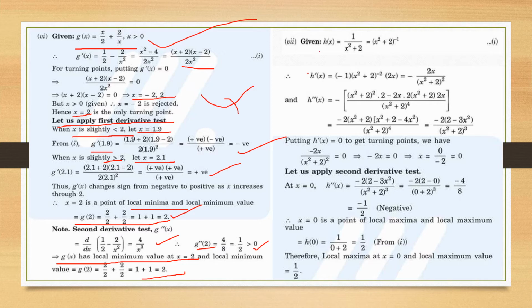Now here this function is h(x) equal to 1 upon x square plus 2, so we can take it like this. Now first derivative, this is second derivative, the critical point is 0. At x equal to 0, the second derivative test gives me a negative value, so this is a point of local maxima, and h of 0 gives me the maximum value, which is half.